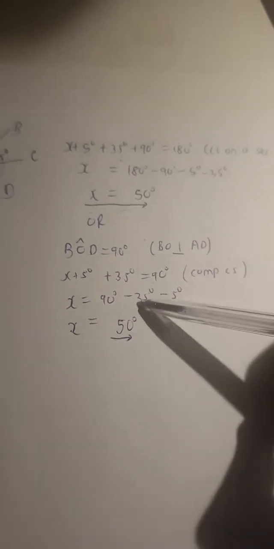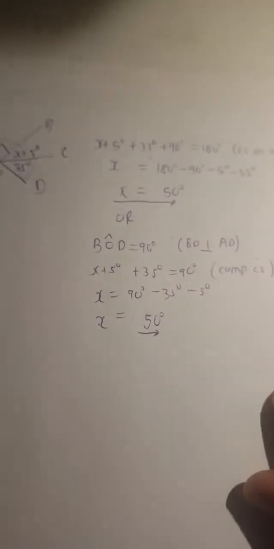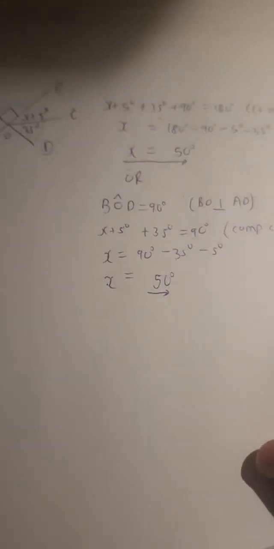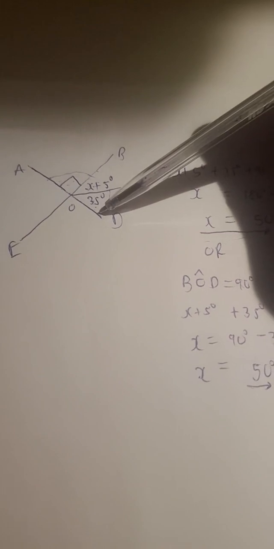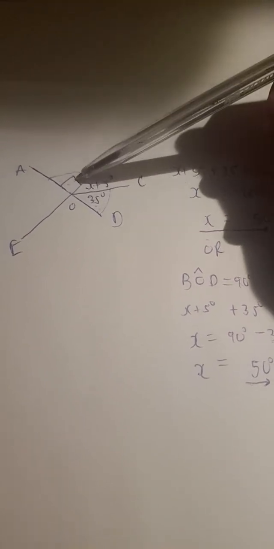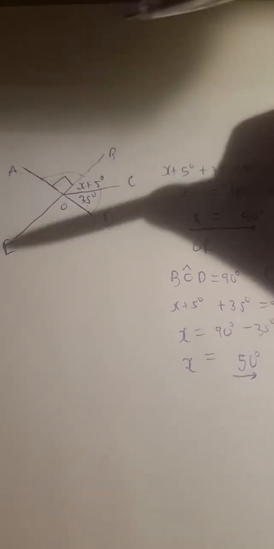So these are two different ways of working out the same variable x. In this first approach, we used the fact that 90, x plus 5, and 35 degrees are angles that are adjacent to each other. They share the same vertex: the point where this angle is formed, this angle is formed next to it, and at the same point this angle is formed.